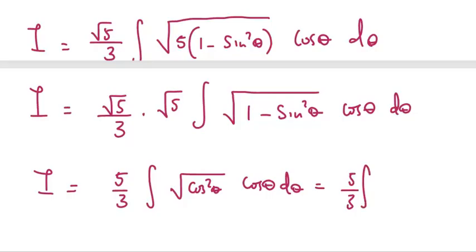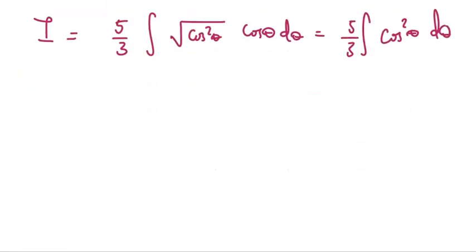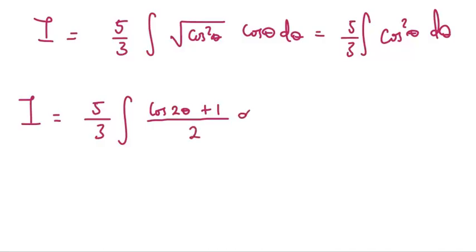The integral of the square root of cosine squared of theta is just cosine of theta. Then we have the product, which gives us cosine squared of theta d theta. So we're going to use this nice trigonometric identity that cosine squared of theta is the same as cosine of 2 theta plus 1, divided by 2, and then d theta.